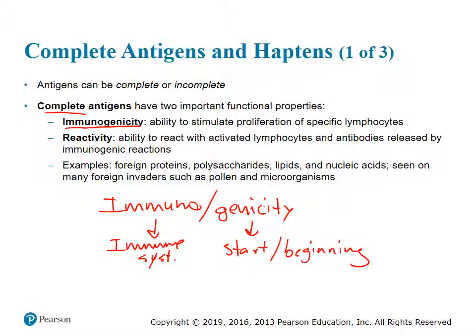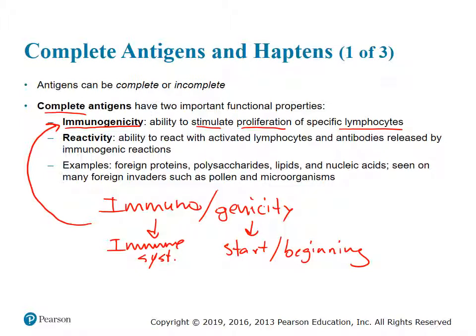What we're discussing here is the antigen's ability to stimulate proliferation of lymphocytes, basically kick-starting the lymphocytes to create more cells for immune response, to attack or to secrete antibodies.